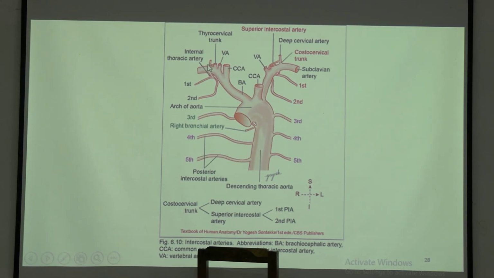Now this subclavian artery is continued as the axillary artery, then it is continued as the brachial artery, then it divides into radial and ulnar artery. Now from the subclavian arteries, we can see there are some branches coming out. One is from the first part: vertebral artery, thyrocervical trunk, and internal thoracic artery, VIT.